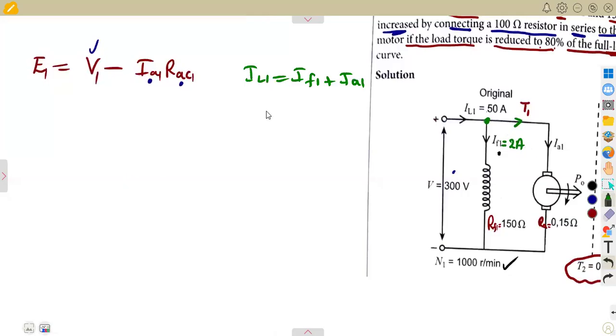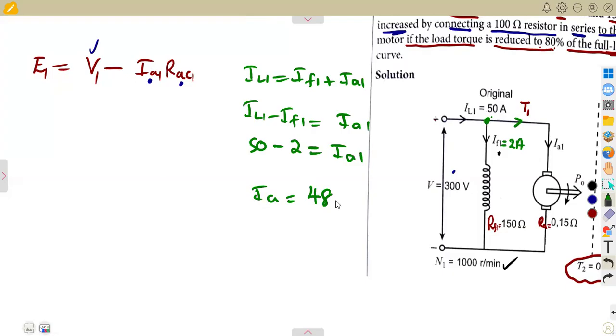We can make the armature current the subject. It's up to you. The load current 1 minus the field current 1 is equal to the armature current, where the load current is 50 minus the field current 2 amps. This will give us the armature current, which is going to be 48 amps.